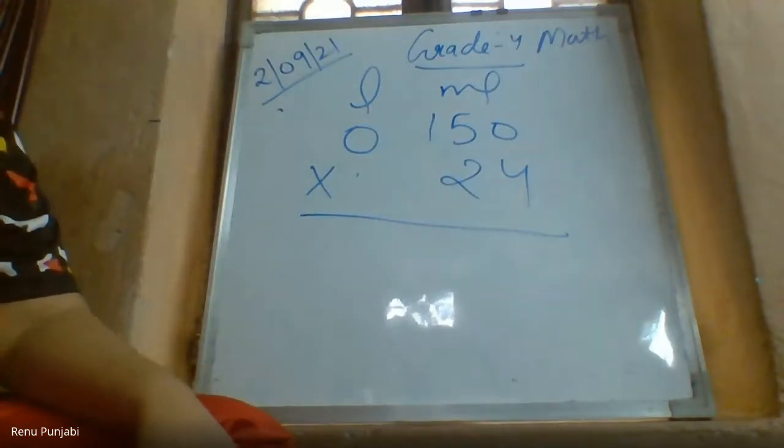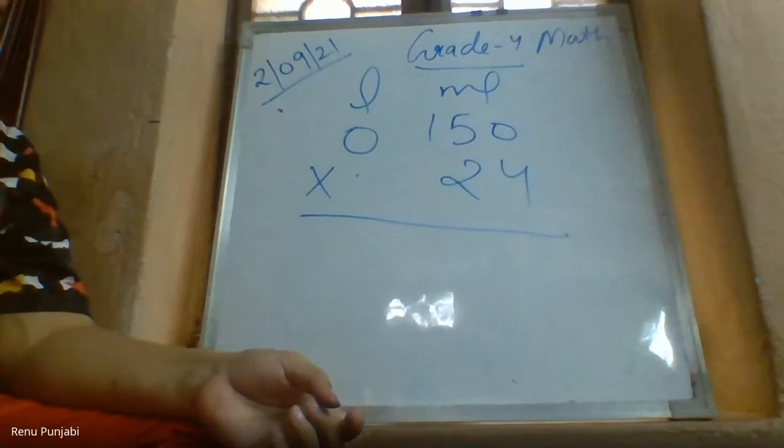Ma'am, Ram drank 150 milliliters of water in 1 hour. How much water does Ram drink in 24 hours? So 150 multiplied by 24. What will be the answer? Four zeros are 0. Four fives are 20, 2 up and 0 down.